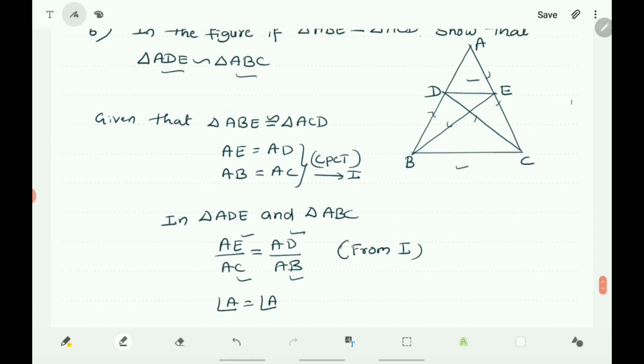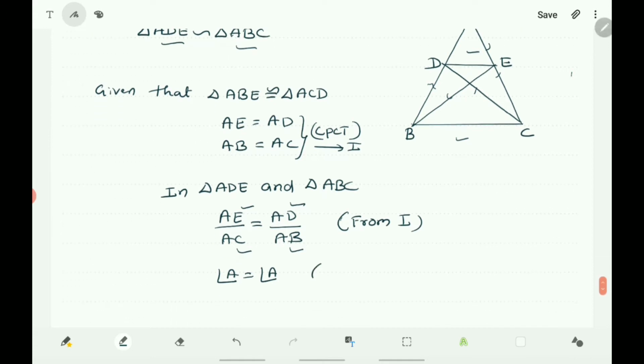Here angle A means, if you take the triangle DAE, it becomes the angle A, that is DAE. And if you take the triangle ABC, that is the angle BAC, that is nothing but angle A. And angle A is equal to angle A you can take, that is common angle.